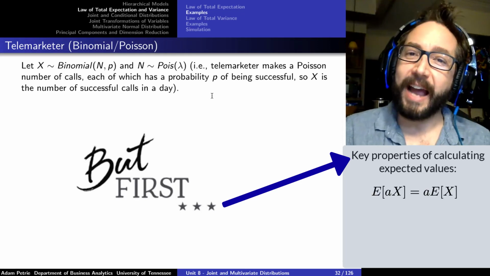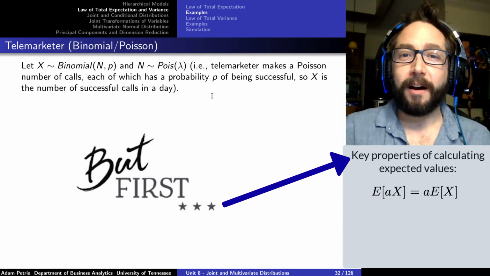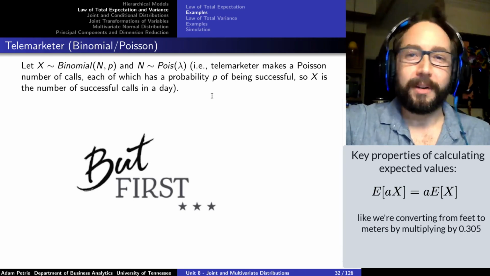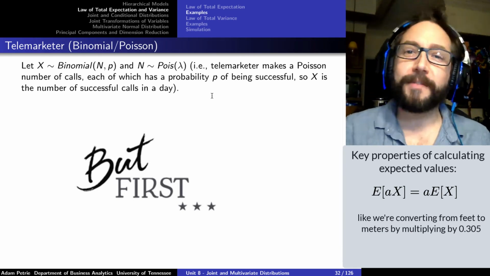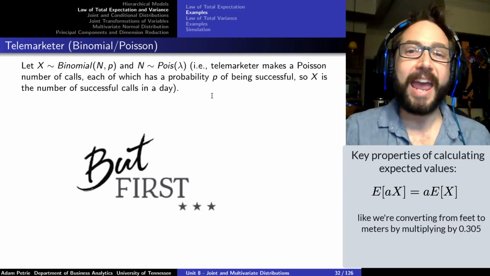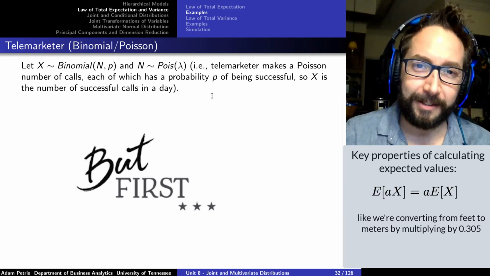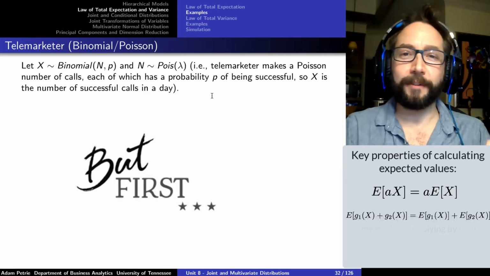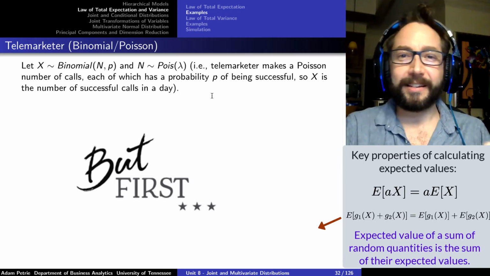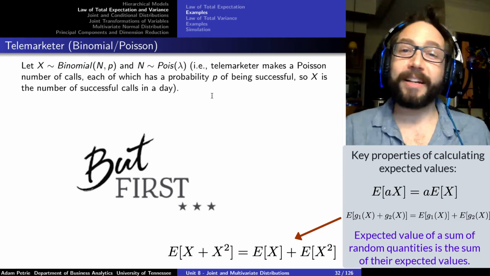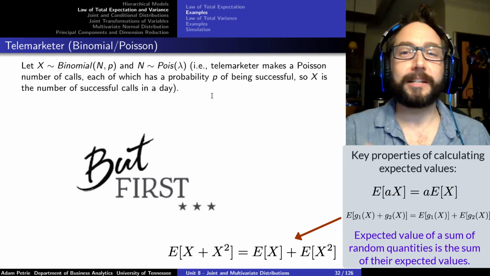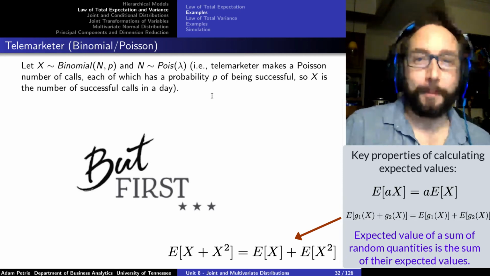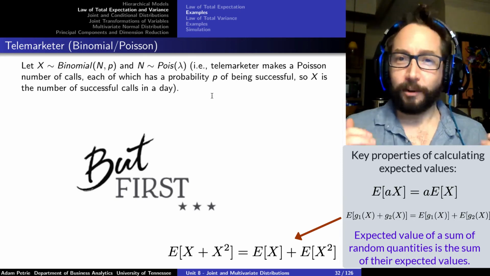Number one, if I ask for the expected value of a times X, where a is a constant, I'm scaling it up by maybe 2, dividing it by 5, the expected value of a times X is just a times the expected value of X. And then also if I'm taking the expected value of the sum of two different things, like X plus X squared, I can write that as the expected value of X plus the expected value of X squared. The expected value of a sum is the sum of the expected values. So let's dive right in.